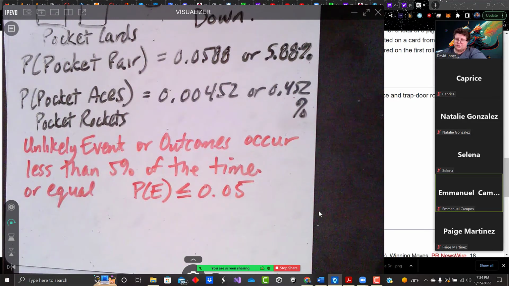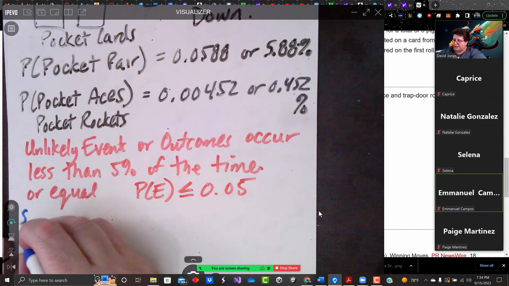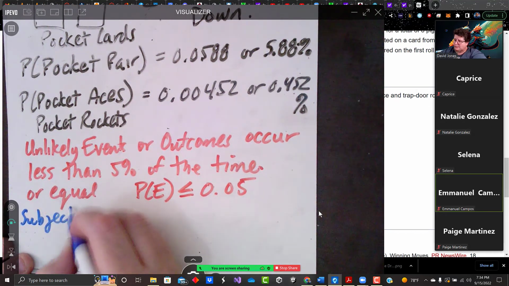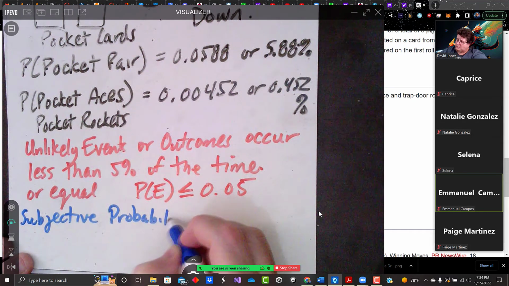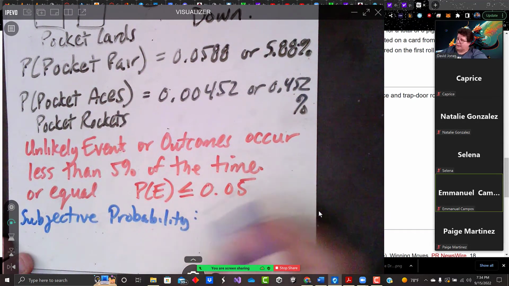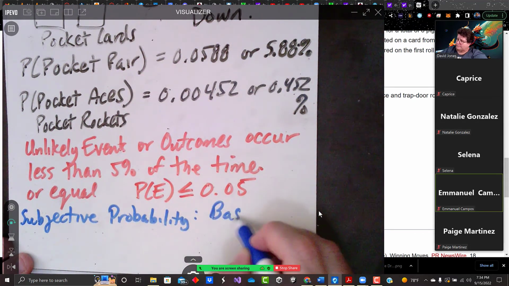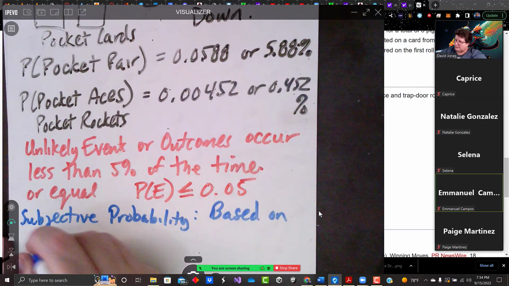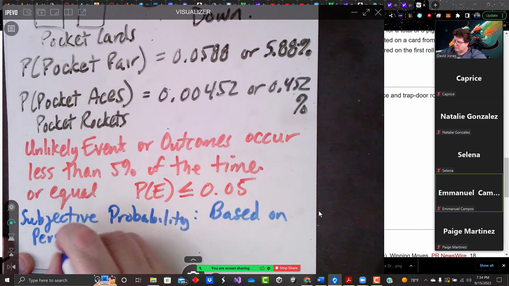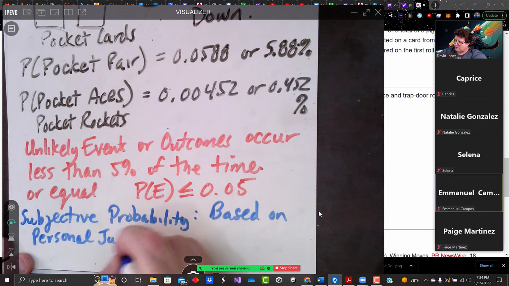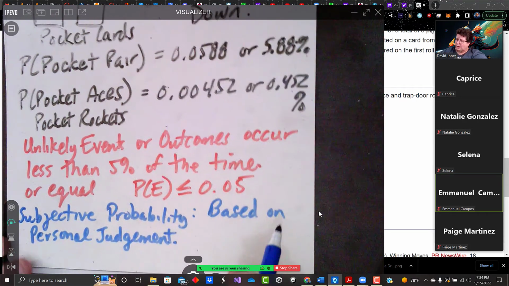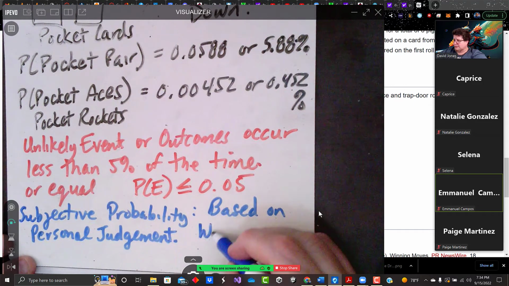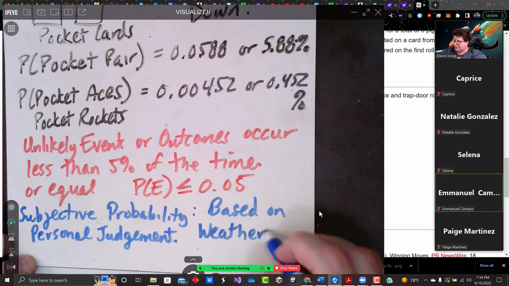And one last mention for 5.1, subjective probability. It is based on personal judgment. Weathermen do this, or they used to.